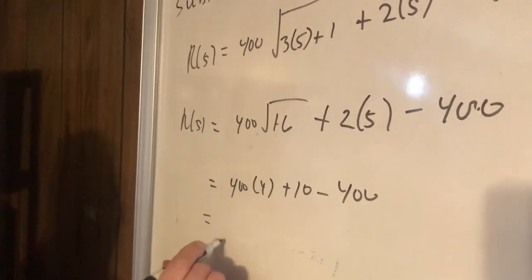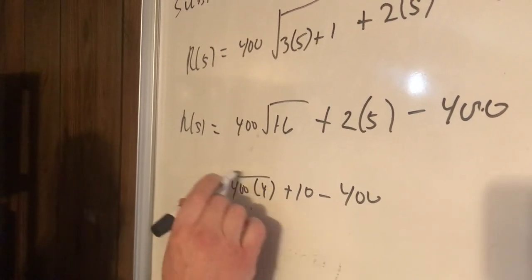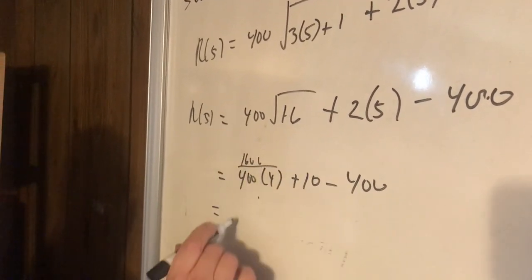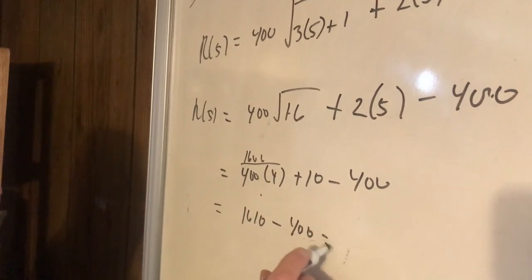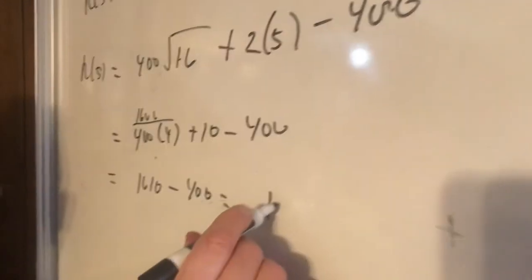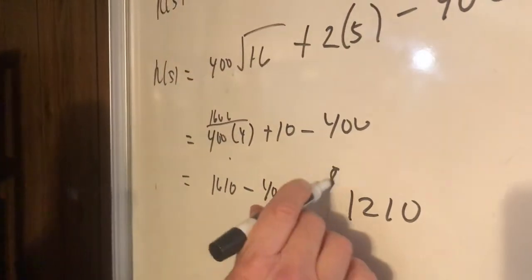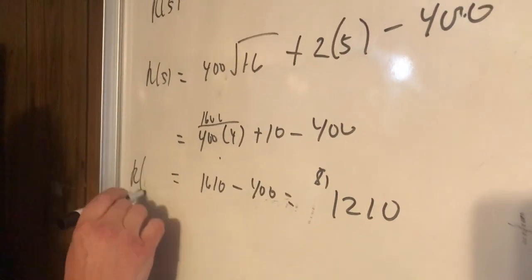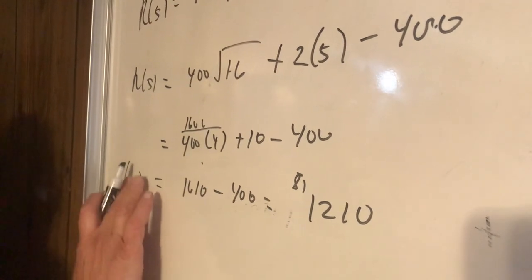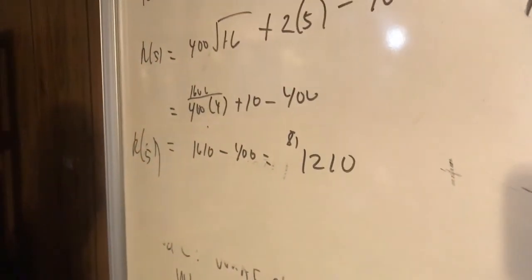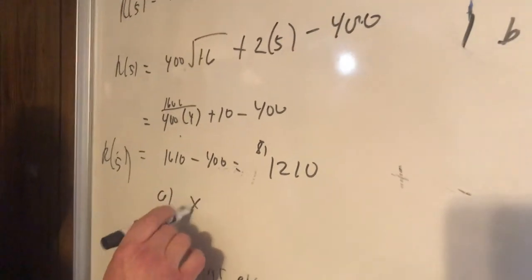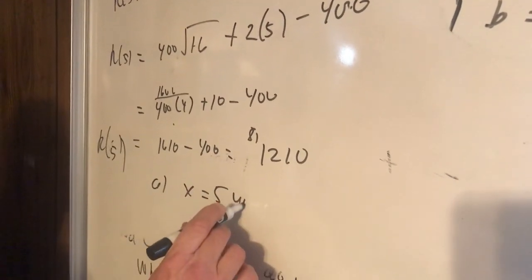That's going to be 1600. So 1610 minus 400 is $1210 when we sell 5 units. Okay, at x equals 5 units.